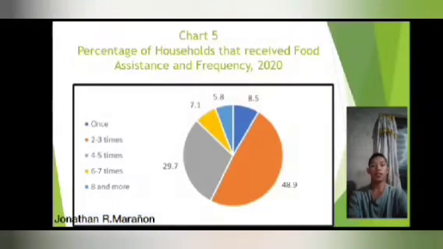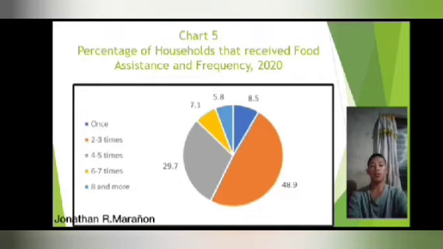And in chart 5, percentage of households that receive food assistance and frequency. Among the assistance provided by the government was food assistance. Some 96.6% of households surveyed received food assistance from local government units, LGUs, or the private sector.